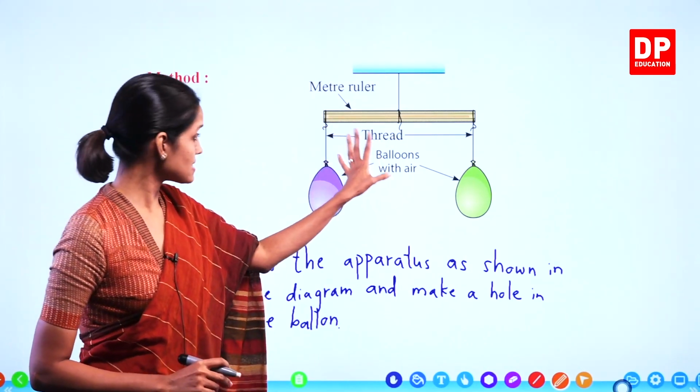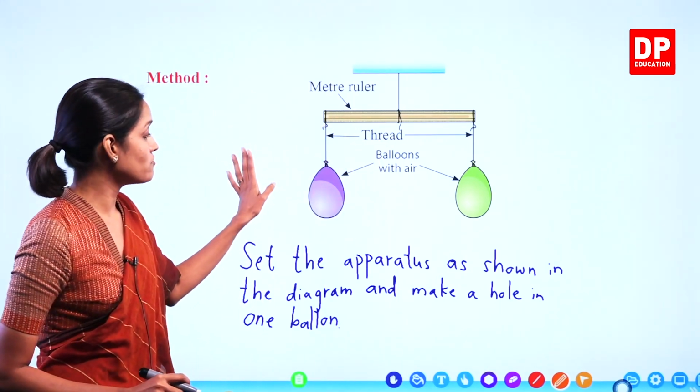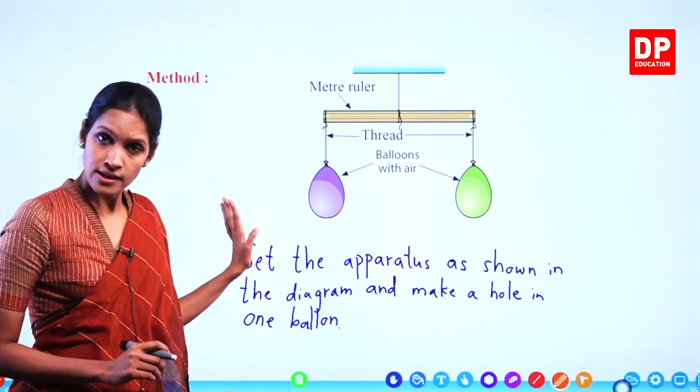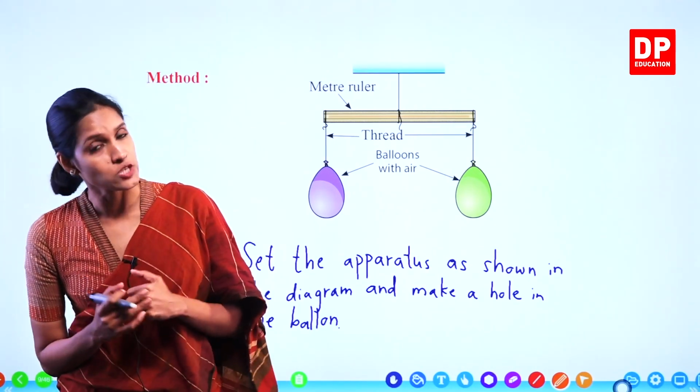Set the apparatus like in this diagram, and you have to make a hole in one balloon. Understand? So we will do the experiment now.